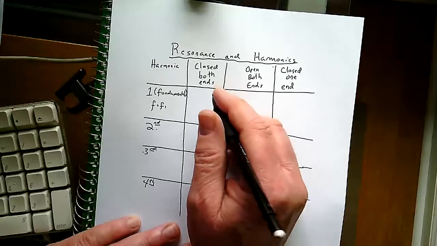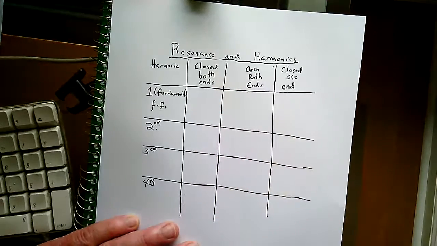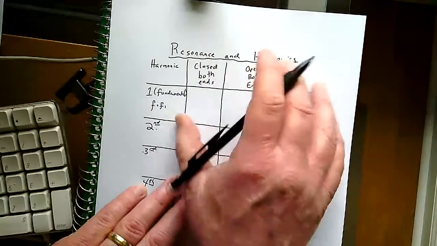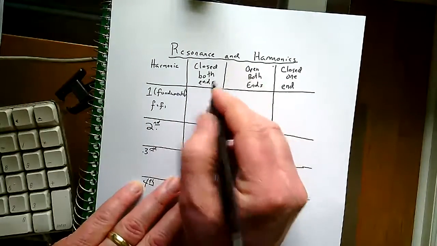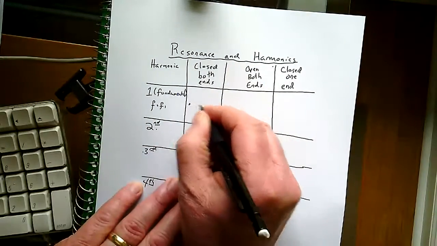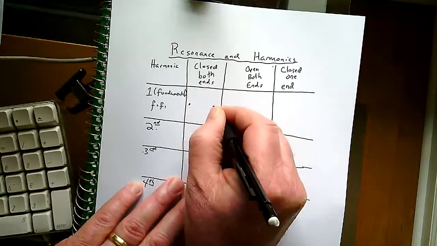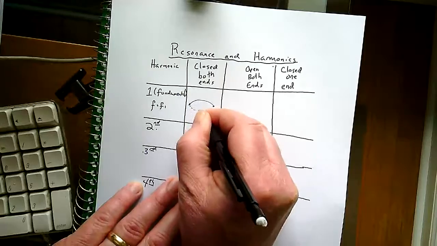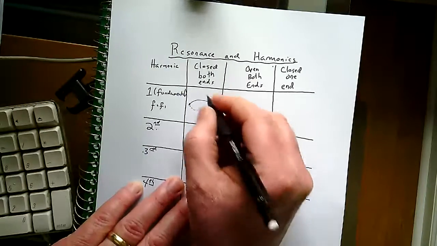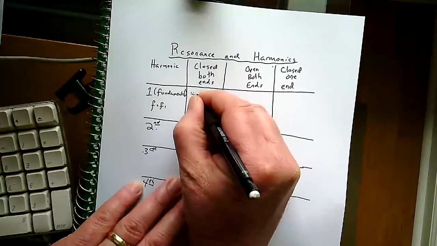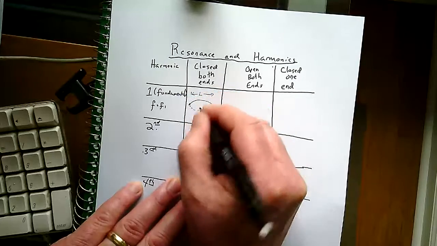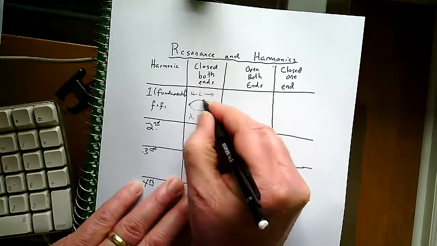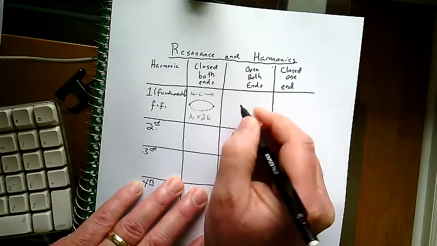So I made up this generalized cheat sheet that we can use to put this all together. If I have something that's closed both ends, the fundamental frequency is going to look like this. And if I call this L, lambda 1 is going to be 2L because I'd have to go twice this far to get a full wave in.